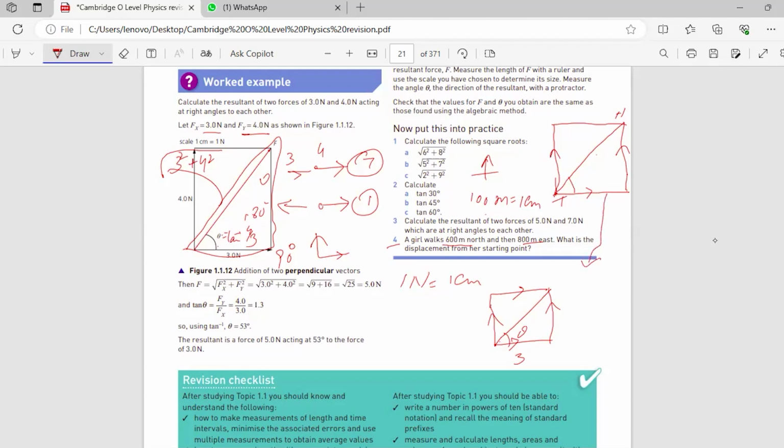By the mathematical method, you will do the square root of 600 square plus 800 square. It will be the magnitude of this one. And for that angle, you will do tan inverse 800 over 600. You will get some answer.